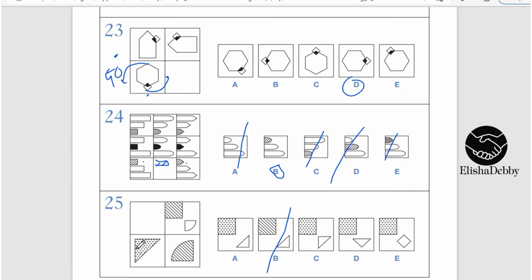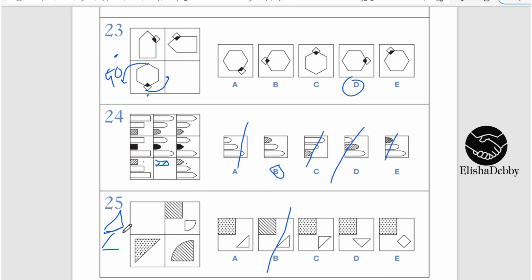Now, like I said, it was rotated 180 degrees. That means I'm expecting something like this, and this.